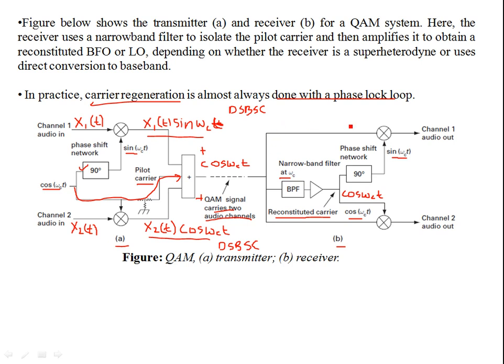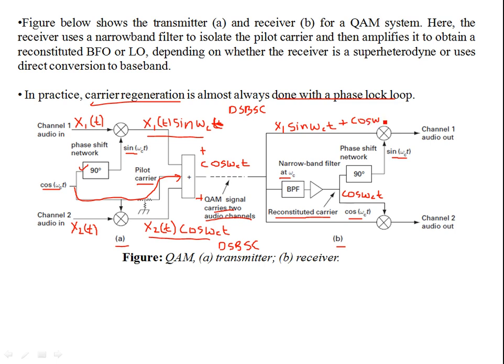Now, if you multiply sine omega ct with the QAM signal, which is otherwise x1, let's write sine omega ct, sine omega ct, plus I have cosine omega ct over here, sine omega ct.